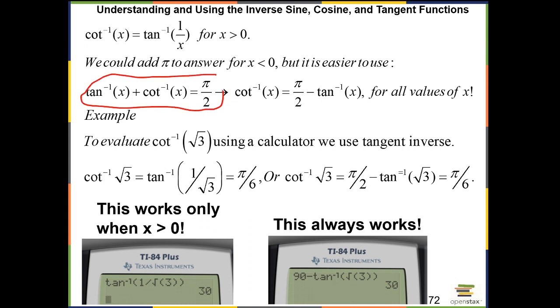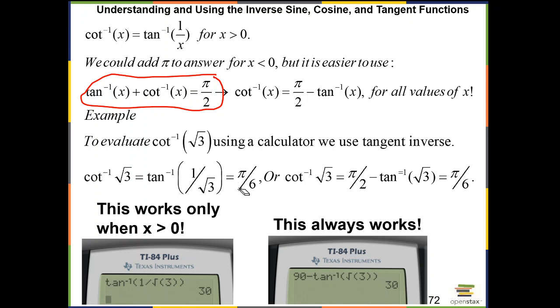If you want to use a calculator to find cotangent inverse of something, what do we do? We do pi over 2 minus tangent inverse of x. That's it. So if you want to find cotangent inverse of square root of 3, in this case, since square root of 3 is positive, we could just do tangent inverse of 1 over square root of 3, which is correct.